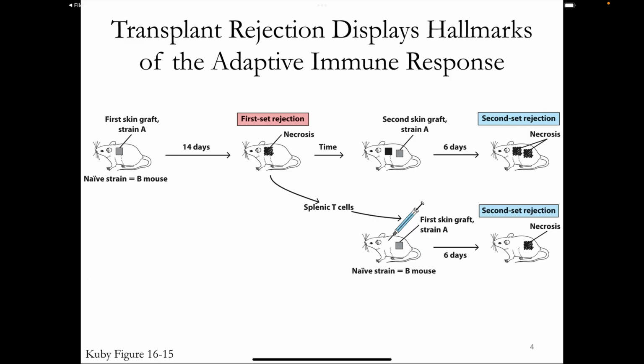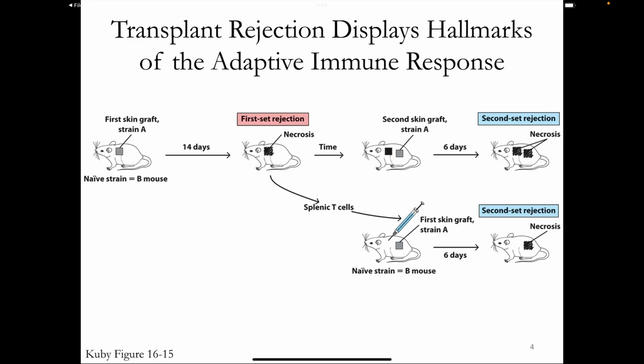But what we can also find out is if we take that same strain B mouse, that has already rejected skin of strain A, and we give that same mouse a second graft of strain A skin, that mouse is going to reject that graft even faster.